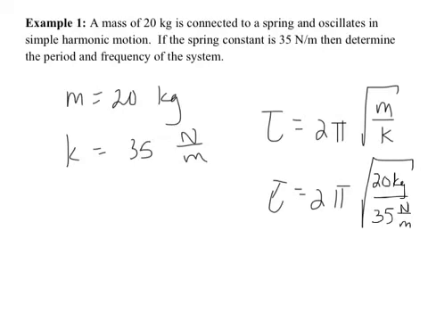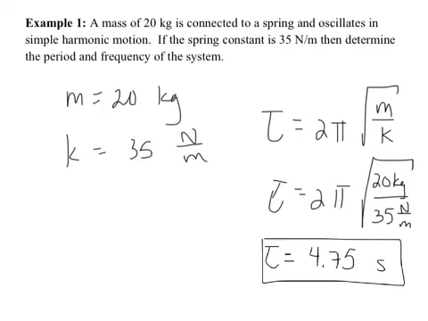And what we'll see is that we'll have some cancellation here because newtons are really kilograms meters per second squared. That'll leave us with seconds squared underneath the radical. But since we're taking the square root of that number, our units also become just seconds from seconds squared because the square root of something squared is indeed itself. So we end up getting here, when we plug in these numbers, a value of 4.75 seconds.